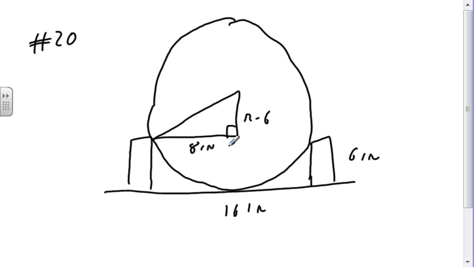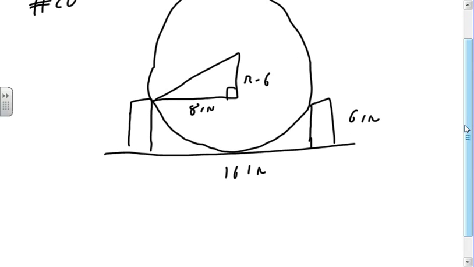All right, well, how are we going to do that? Well, the radius squared of the circle is 8 squared plus r minus 6 squared, is it not? So that's the Pythagorean theorem.